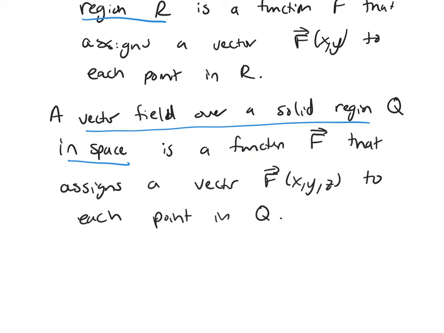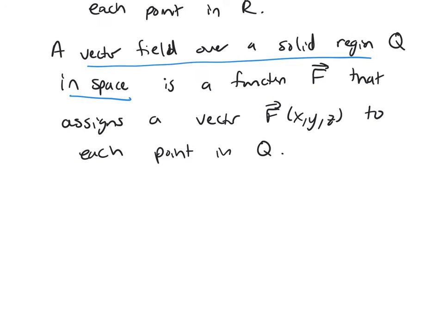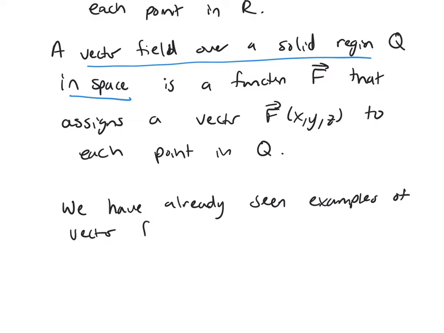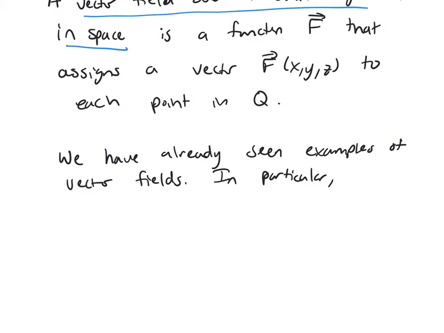So we've actually already seen examples of vector fields before. Can you think of those examples we've already seen? Well, in particular, what we talked about previously is the gradient.